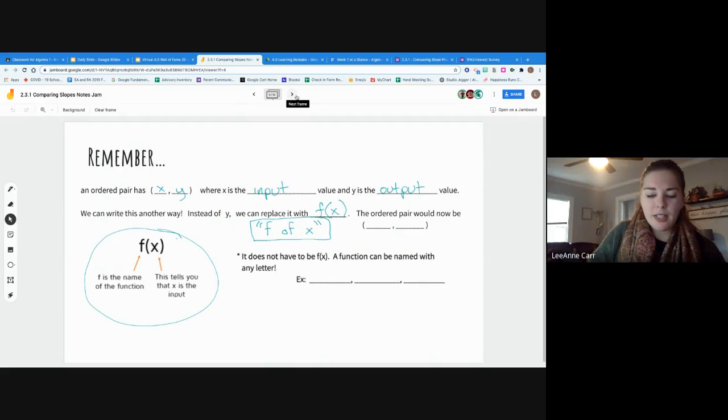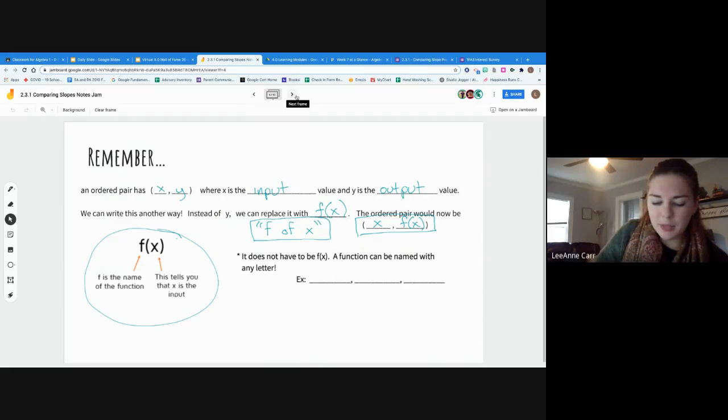So now, instead of X, Y in our ordered pair, we're going to have X, and we're replacing our Y's with F of X. This is also important. Now, like I said, it doesn't always need to be F and X. It can really be any letter, just like we have different names, so will our functions.